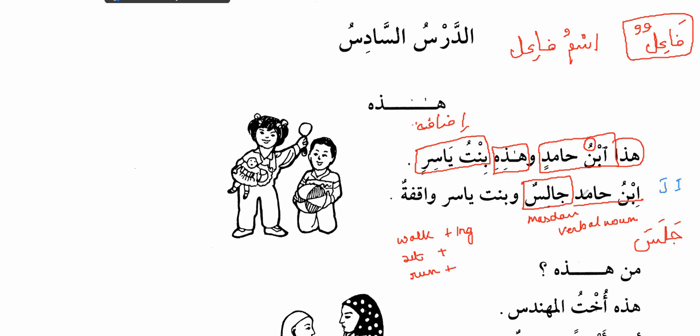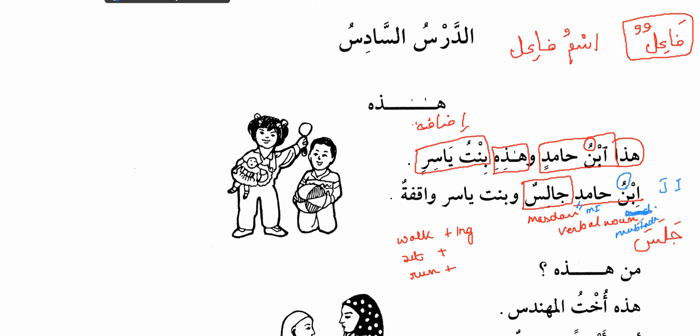And what is ibnu hamid? Since it is an idafa, we take both the nouns together as one word, so the haraka will be only on the mudaf. We will not take into consideration the mudaf ilayhi, we will concentrate the haraka on the mudaf. And we know that it has a single haraka since it is mubtada.